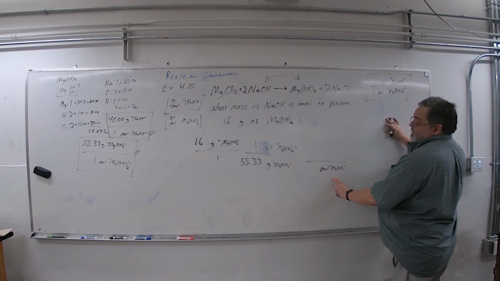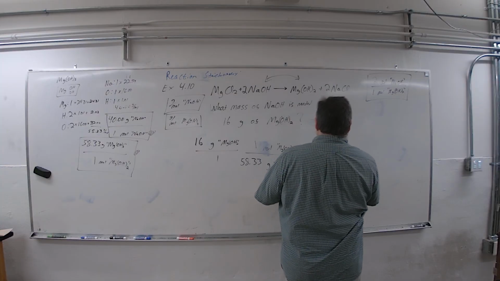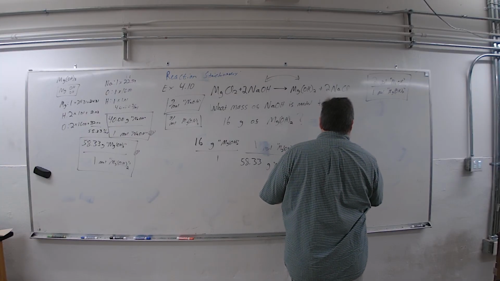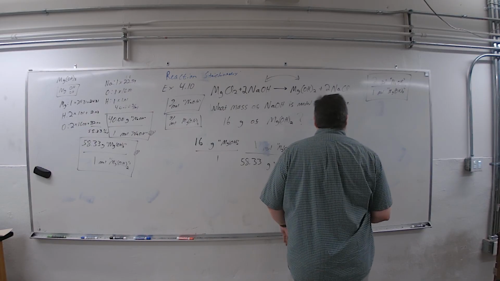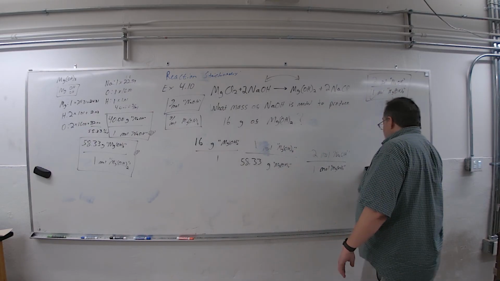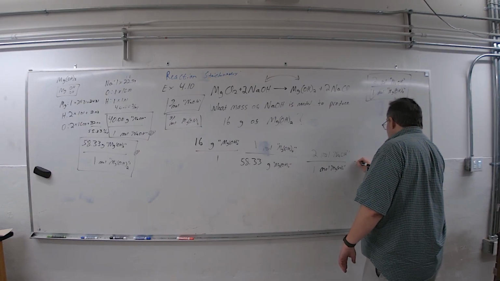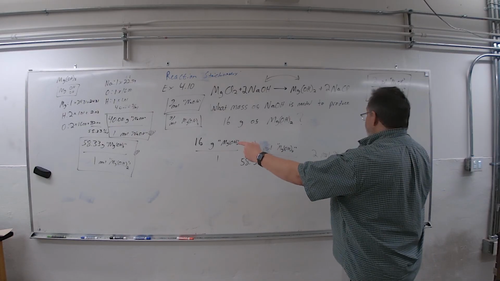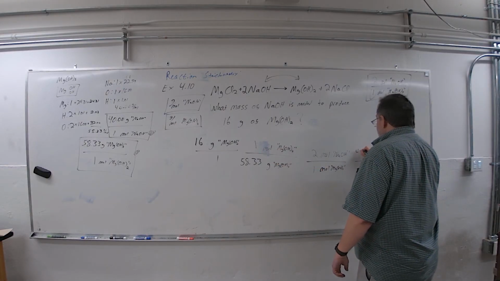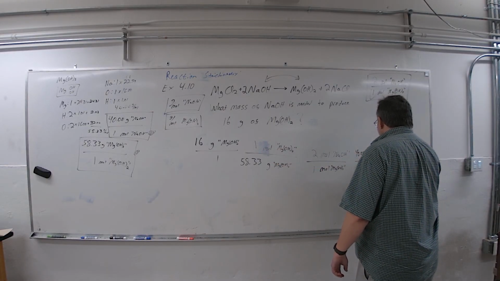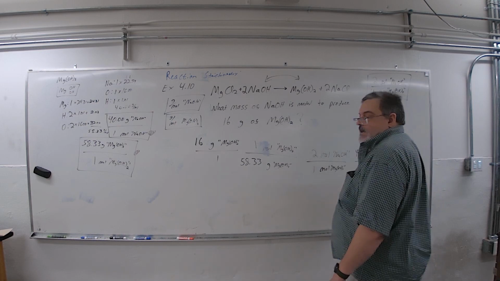So you're going to use this, and we'll use it the way it is. 2 over 1 NaOH. And now we use this. Now we need moles of NaOH on the bottom. The only thing left is that. Moles of NaOH on the bottom, grams of NaOH on top. That answers the problem.